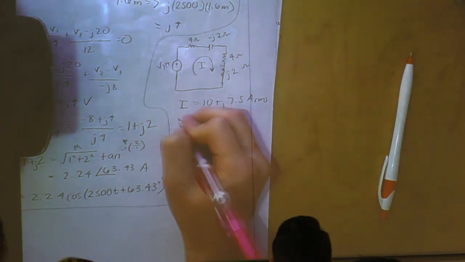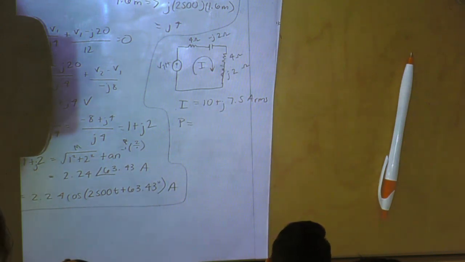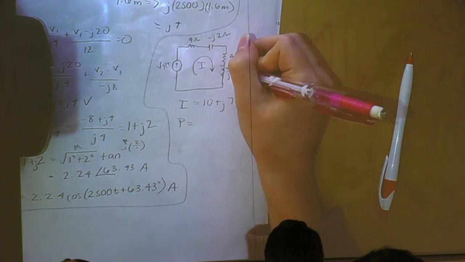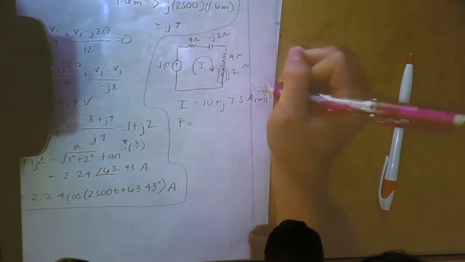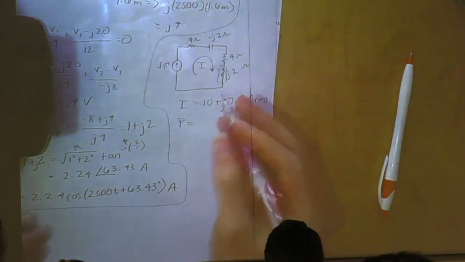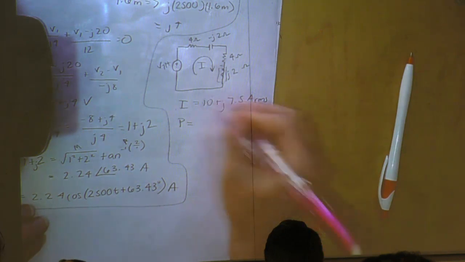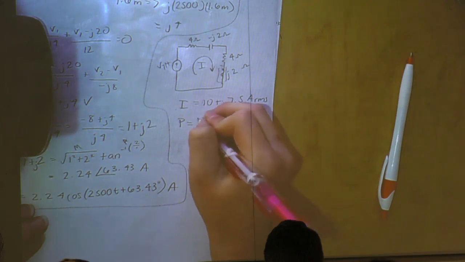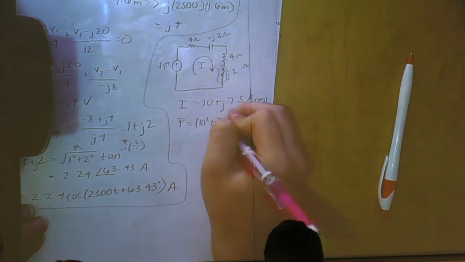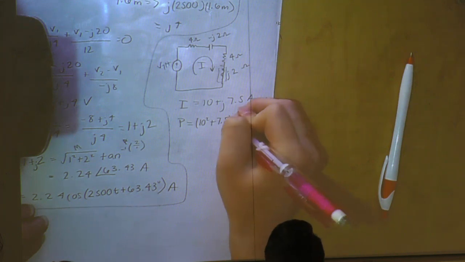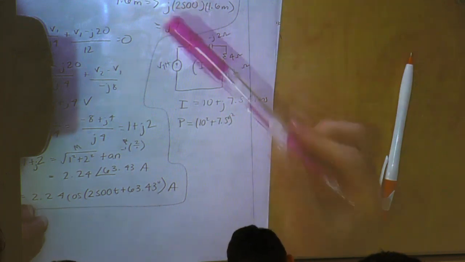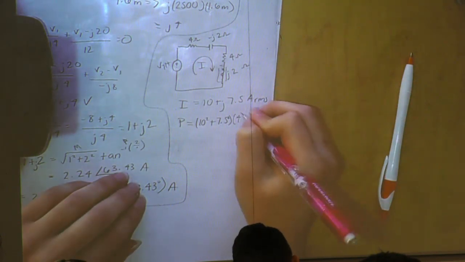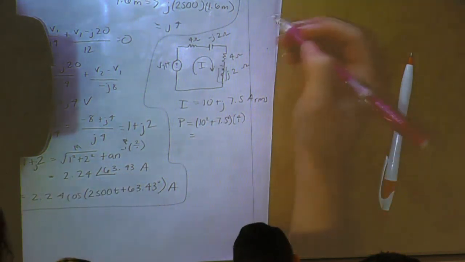And then for this power, we just want the power of our inductor, which will be 0 for this one. So we'll want the magnitude of the current squared times our real part, because only the resistor will have power.